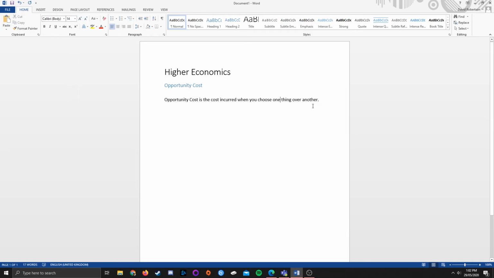So opportunity cost is a cost incurred when you choose one thing over another. When we're dealing with economics, we have to make choices based on resources that are scarce to us. We don't have an unlimited amount of money, an unlimited amount of resources that we can use to build things or make things. So we have to choose what to use and what to put our resources into.